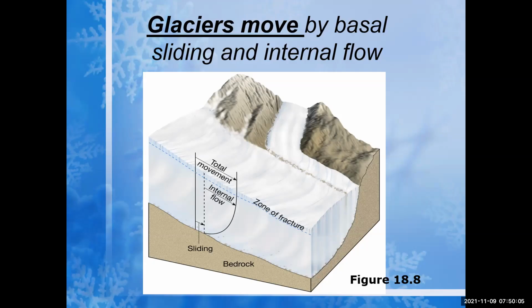But I will note that that sliding component of a glacier is much less significant than the internal flow of the glacier itself. That is, when you look at the total movement of a glacier through some period of time, we see that a small portion of that is the actual sliding of the glacier itself. The majority of that movement is that internal flow.